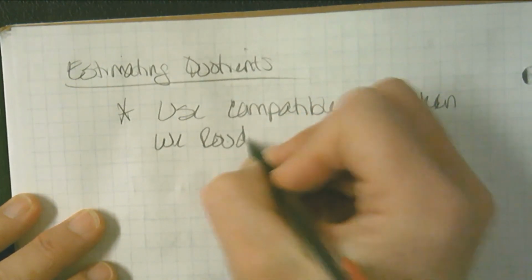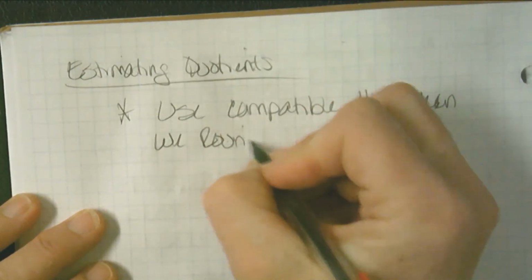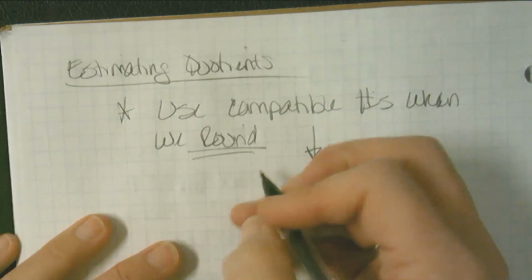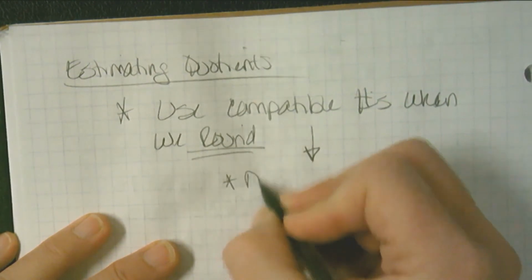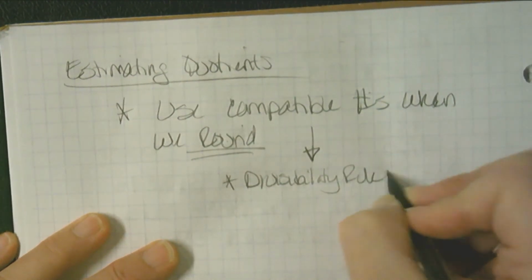So we're still rounding, but I need to pay attention to divisibility. So what this means is we need to think about divisibility rules.